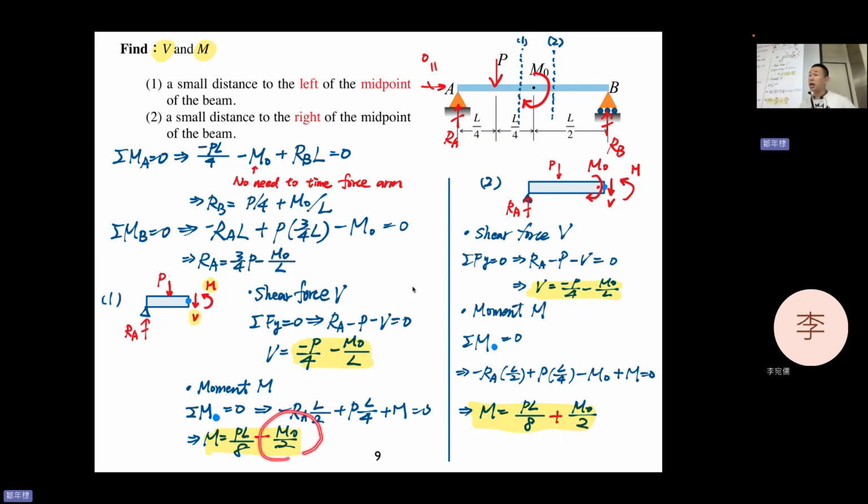One is minus M0 over 2, the other is plus M0 over 2. So their difference is M0, right? Their difference is M0.